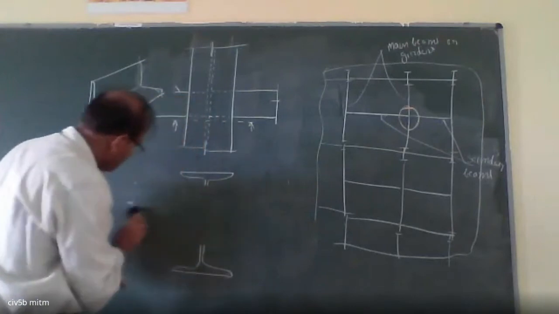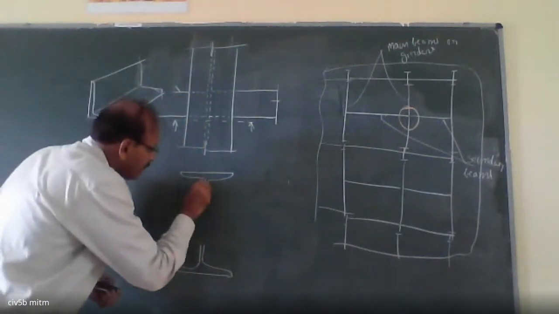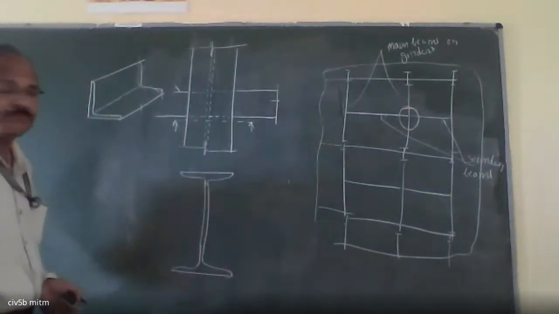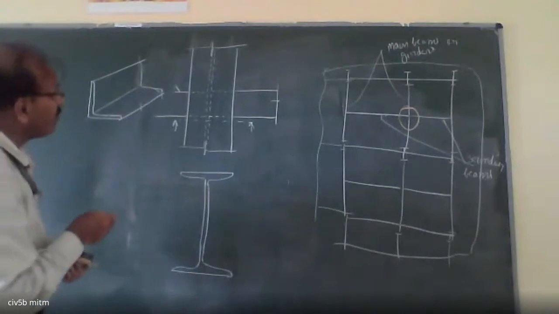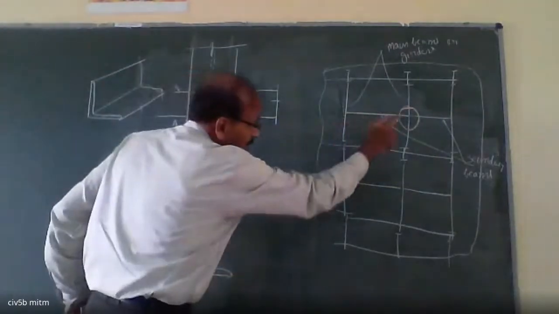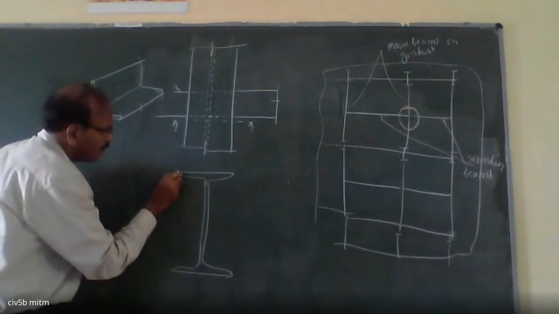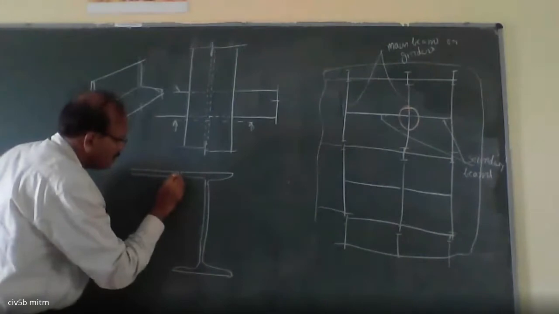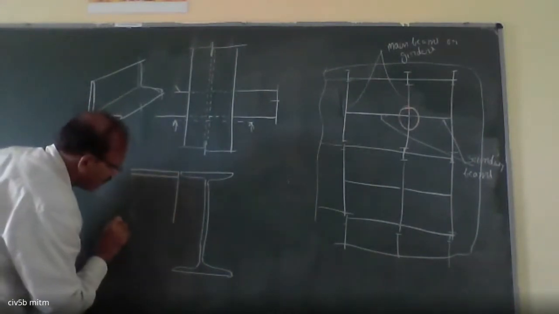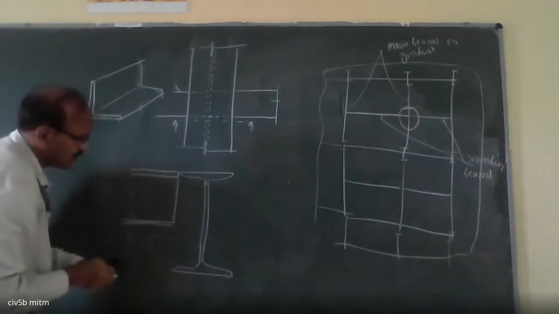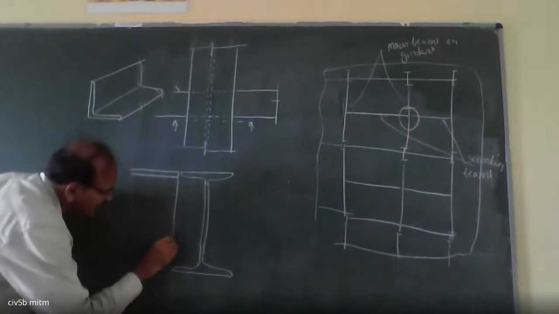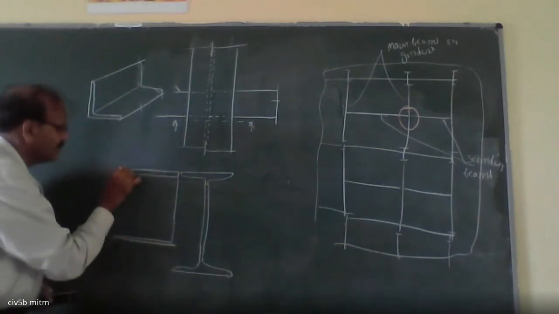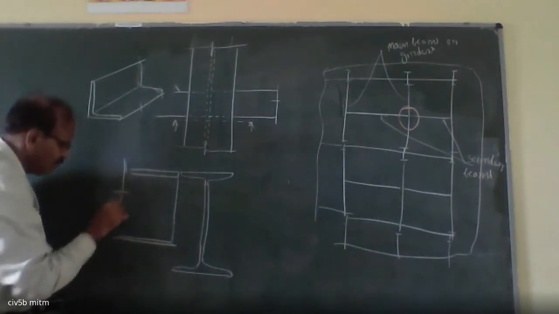Instead, if this is the I section, that is the main girder, then we are going to bring this girder up to this point, because we are trying to bring the I section from this side, like this.